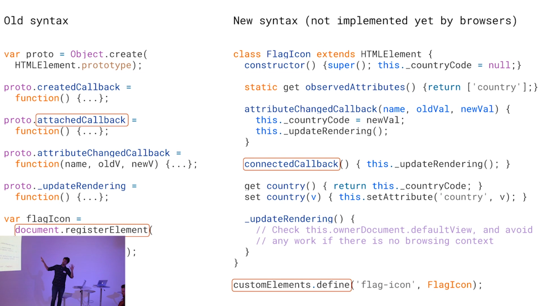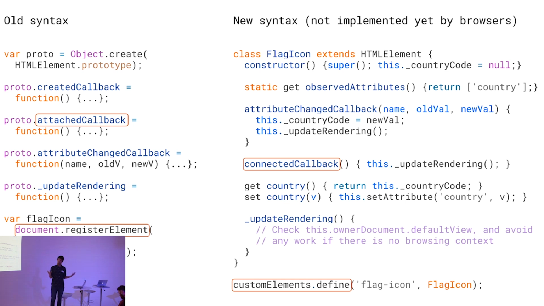I put two different syntaxes because most sites, as of today, show the left syntax, while the draft that I was reading shows a few differences. There's also ES5 and ES6 syntax, but the main differences are that the attached callback got renamed to connected, detached to disconnected, and the document.registerElement API has been renamed to customElements.define.